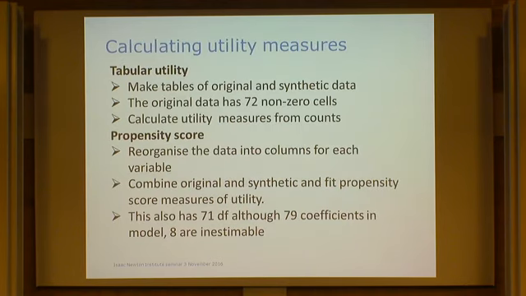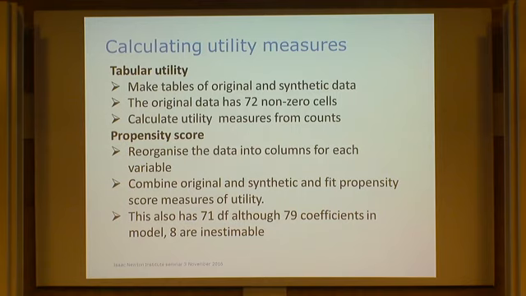So we calculate the utility models by making the tables of the original and synthetic data. The original data has 72 non-zero cells, and the synthetic data, because we're doing it from the correct model, has 72 non-zero cells as well. We calculate the utility measures from the counts, the tabular ones, and then make it into a long variable and calculate the propensity score values.